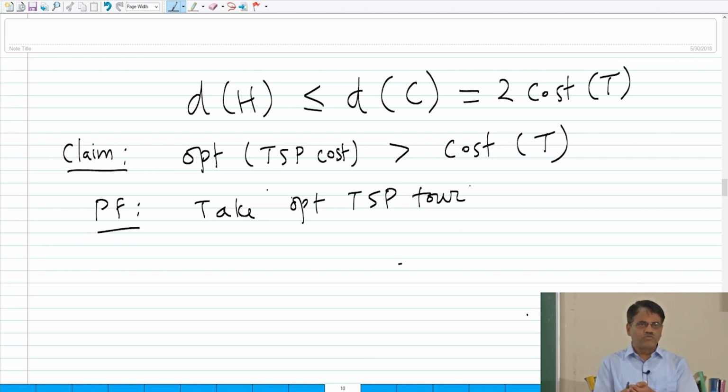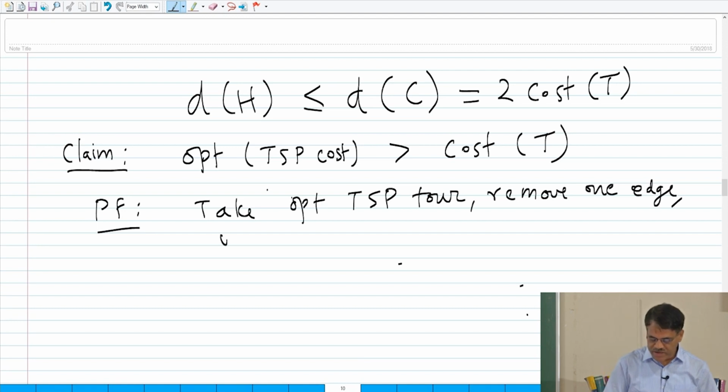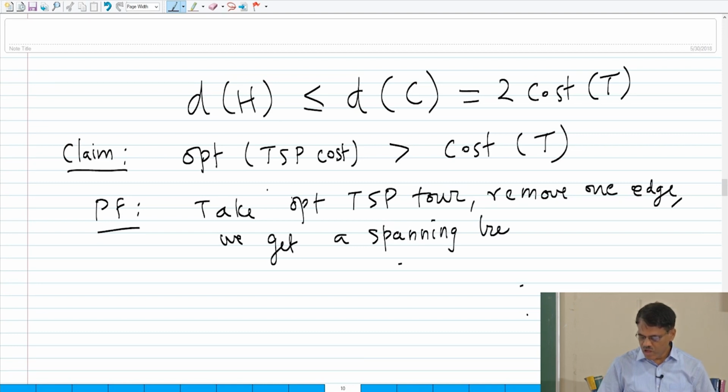I do not even know how to find it, but that is just for the proof. It is not an algorithmic claim. Take your optimum TSP tour, remove one edge, we get a spanning tree with cost less than the cost of the optimum TSP.